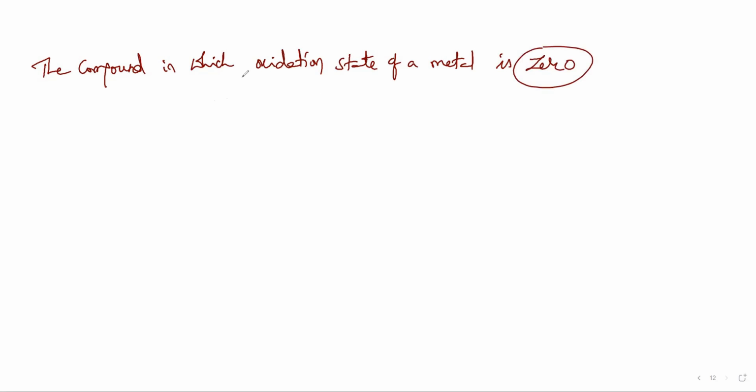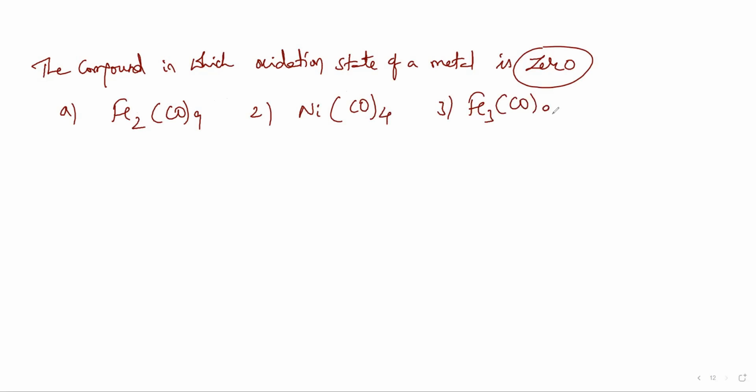Options given are first option Fe2(CO)9, second option Ni(CO)4, third option Fe3(CO)9, last option all the above. See, in all these compounds you can see there is carbonyl group.